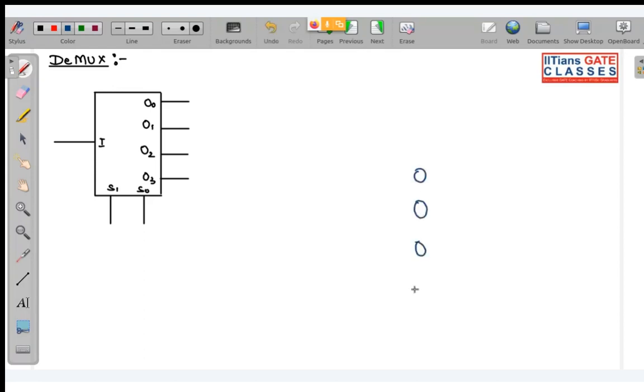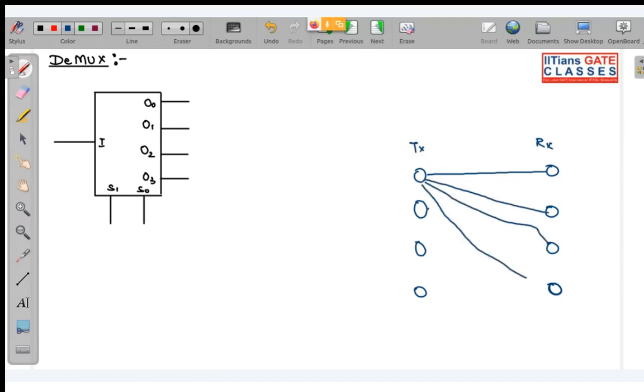Suppose I have 4 stations, 4 transmitters and 4 receivers. Each of these transmitters needs to connect with all the receivers. Similarly, each of the others also connects to all 4.